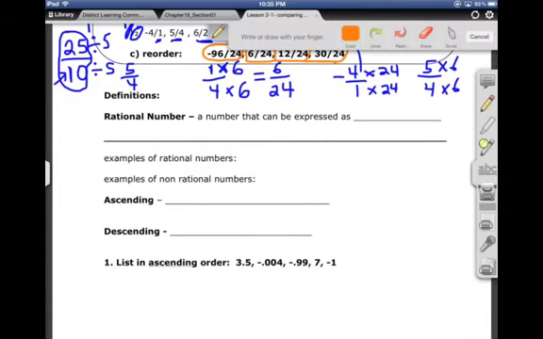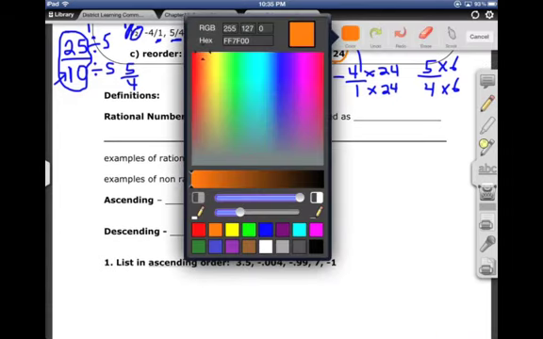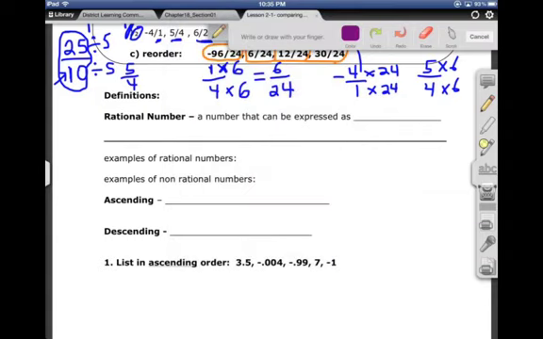Okay, so let's grab a new color just for fun. Dark purple. So rational numbers are any number that can be expressed as one value over another value.